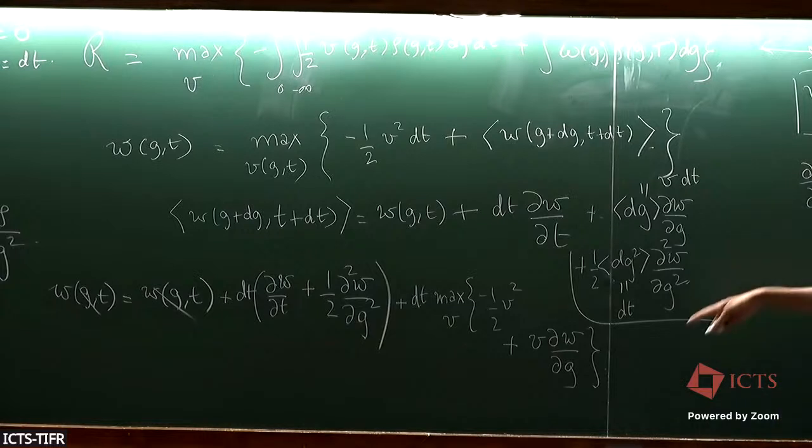So if you plug this back in over here, you'll see that you get plus half. So if we can solve for W, we're done, right? If you can solve for W, you can just take the gradient of W with respect to G and we're done. But unfortunately, this is a nonlinear partial differential equation.